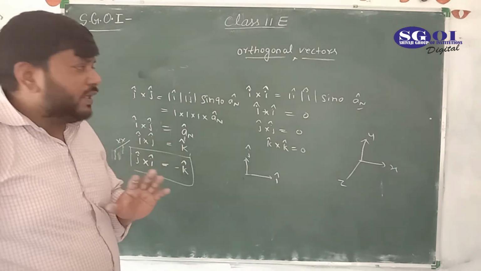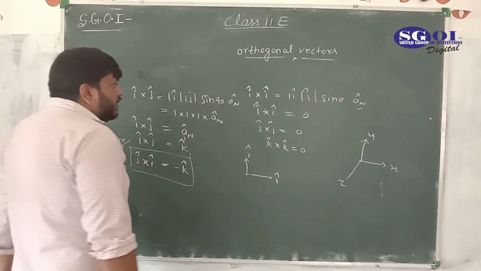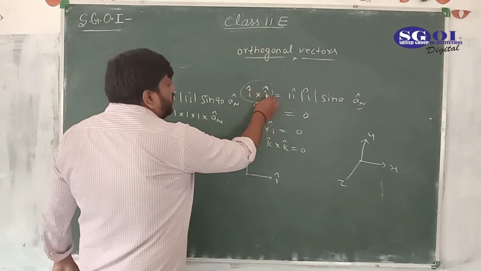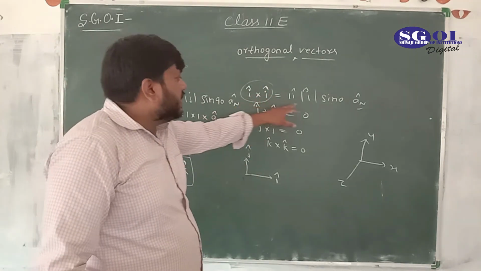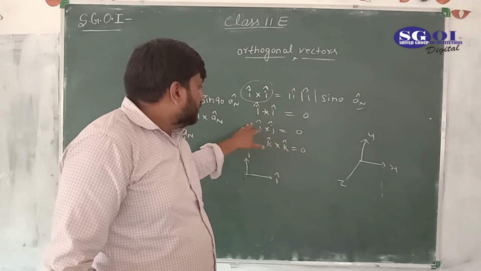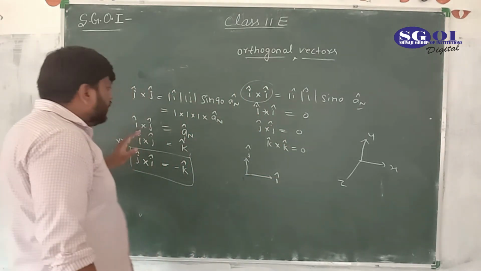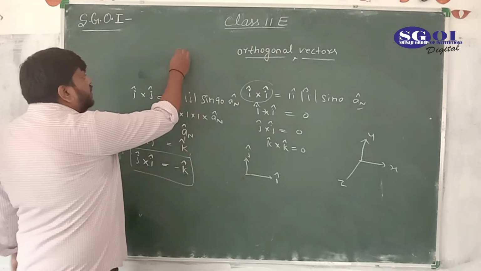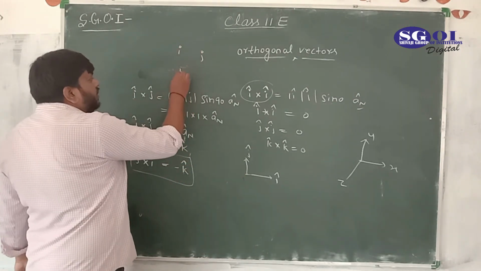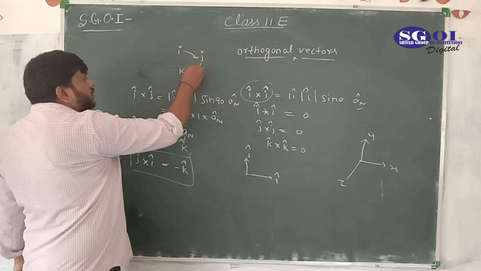Now we have a simple trick so that you can learn easily. The cross product of similar unit vectors is always 0: j cross j, k cross k, i cross i. And for different ones we have a concept: i, j, k, i to j, j to k.